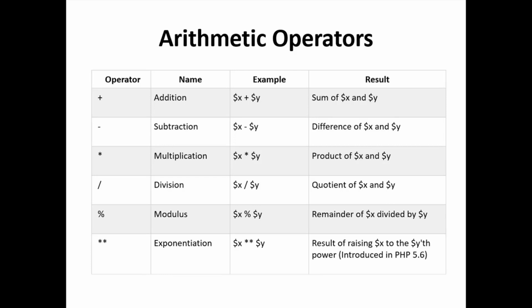And modulus, it is the remainder of x divided by y, and exponentiation, it is the result of raising x to the yth power, which was introduced in PHP 5.6, and it is being used nowadays in the latest editions as well. So these on the left hand side represent the operators which you will be using in the PHP program.